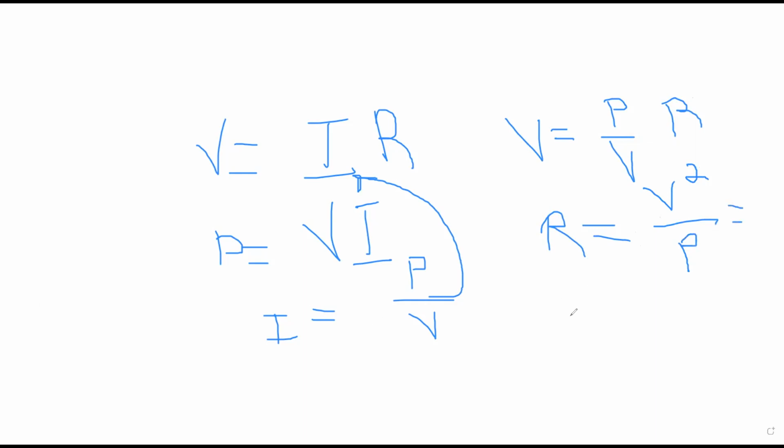And so we have V squared, which is 5 volts squared, over 205 watts. And that comes out to be 25 divided by 205.